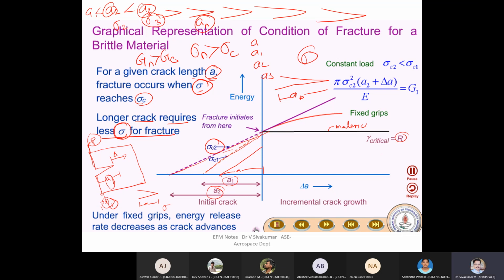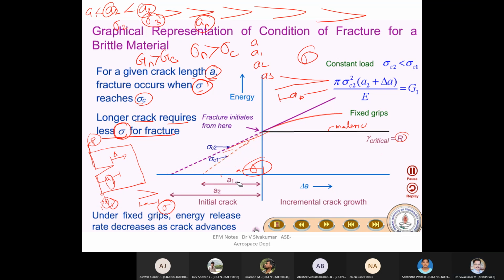When the crack is small, you get more resisting sigma. When the crack becomes more, the resisting sigma is less because you lose the stiffness. If that is the case, quickly the crack will form.